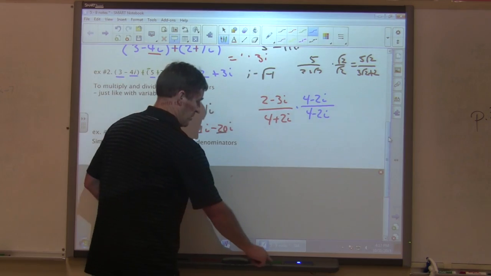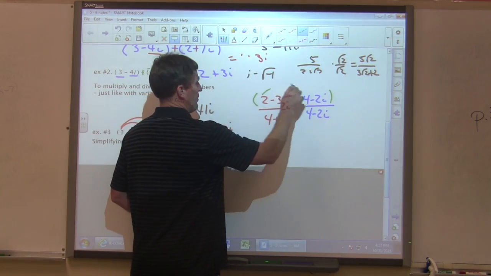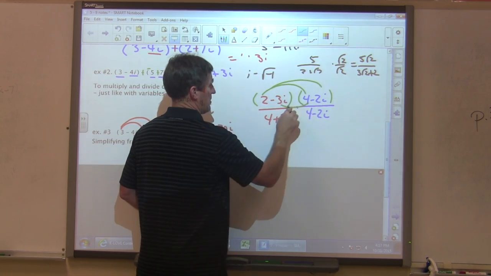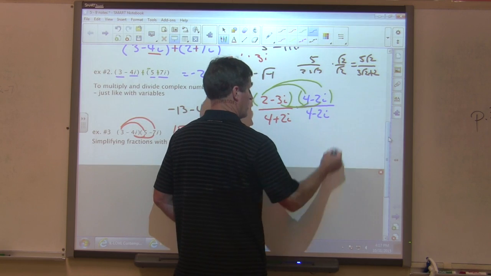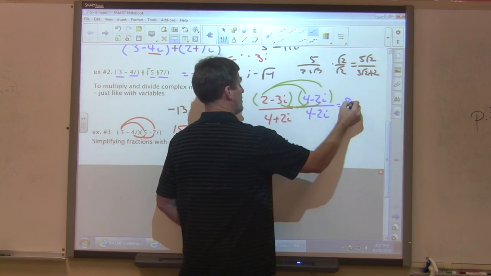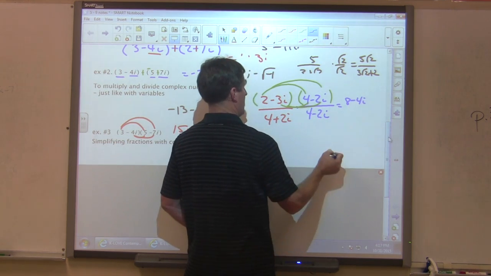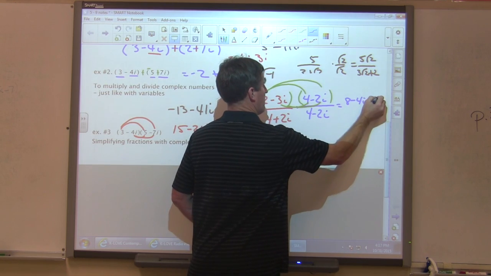And so now we distribute. Now I put a binomial on top and bottom, so again we have to double distribute that. So we get 2 times 4 is 8. 2 times negative 2i is negative 4i. Negative 3i times 4 is a negative 12i.